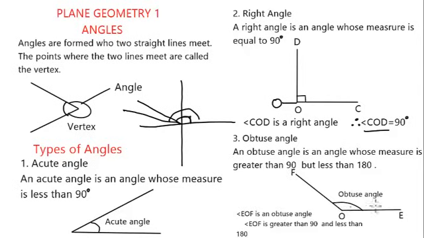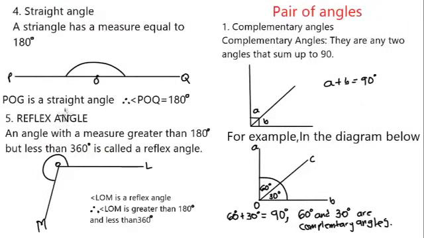As you can see, the line here is way above 90 degrees, but it is less than 180 degrees. And so angle EOF, which means we are referring to the middle angle, is an obtuse angle. Angle EOF is greater than 90 degrees and less than 180 degrees.